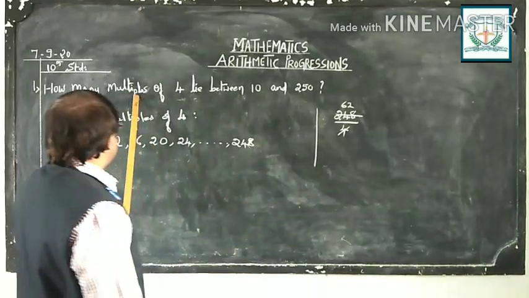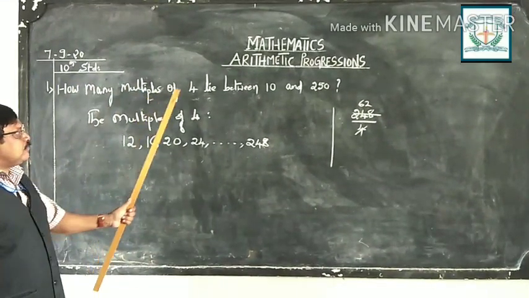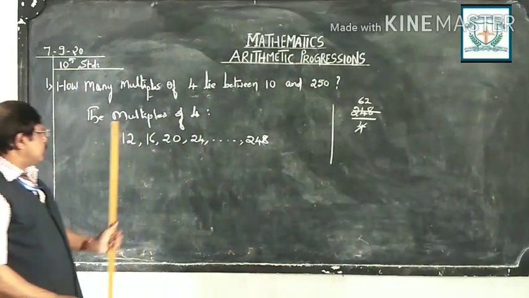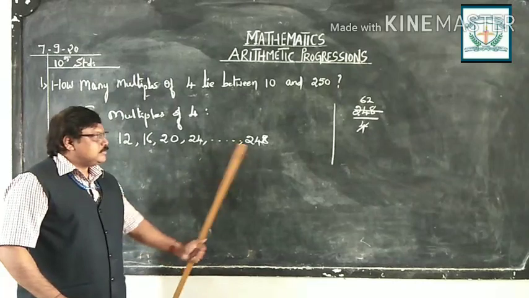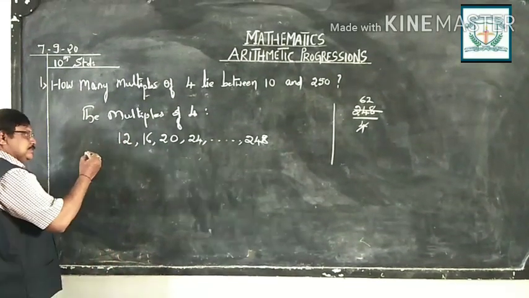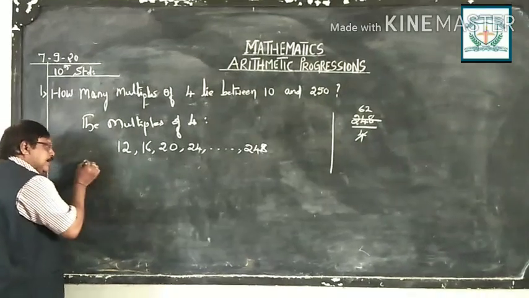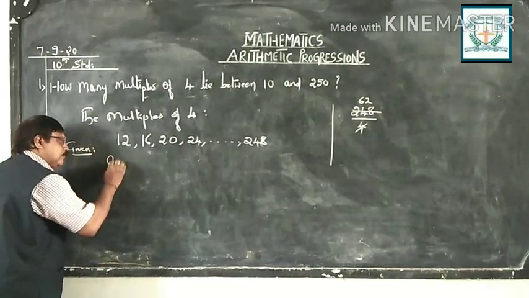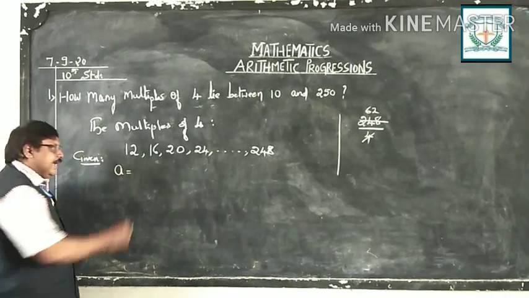Now, see the question. How many multiples of 4 lie between 10 and 250? So, I have written the multiples of 4. Now I can apply. Given, the first number is 12.